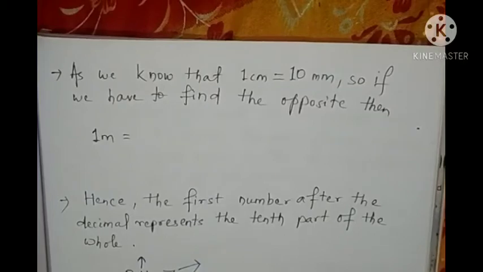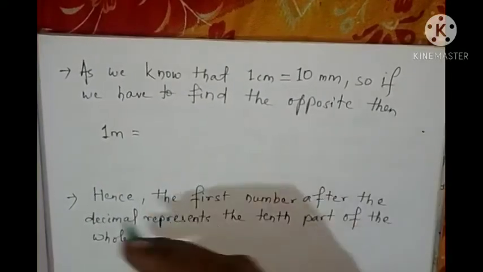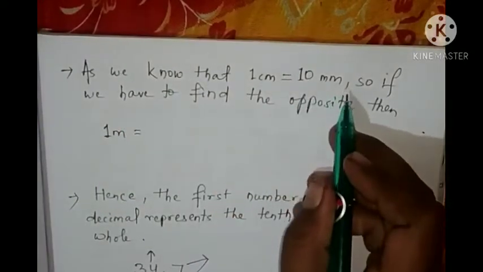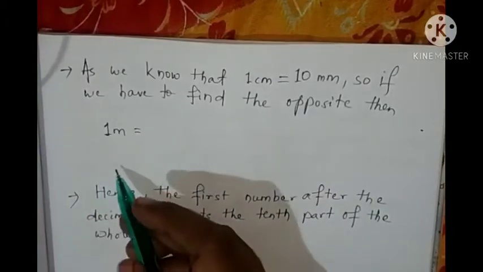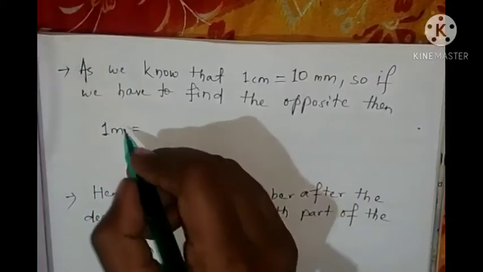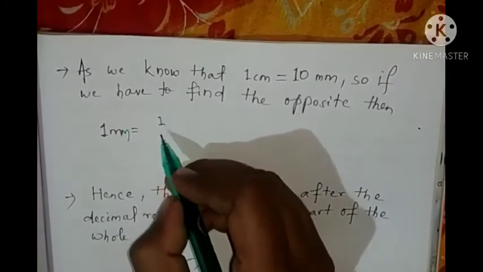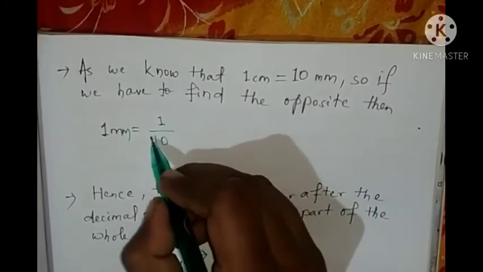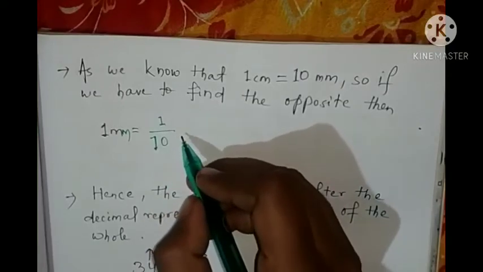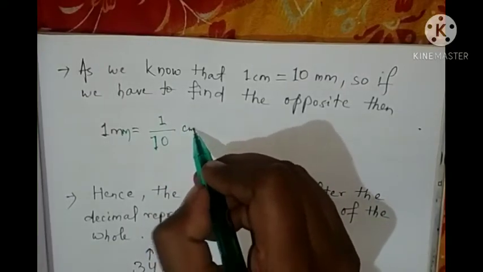So let's see how we can write. As you know, 1 centimeter equals 10 millimeters. So we have to find the opposite. 1 millimeter equals how much? 1 by 10 centimeter.